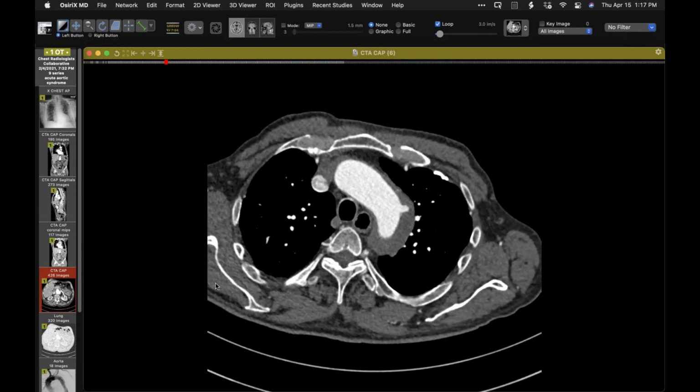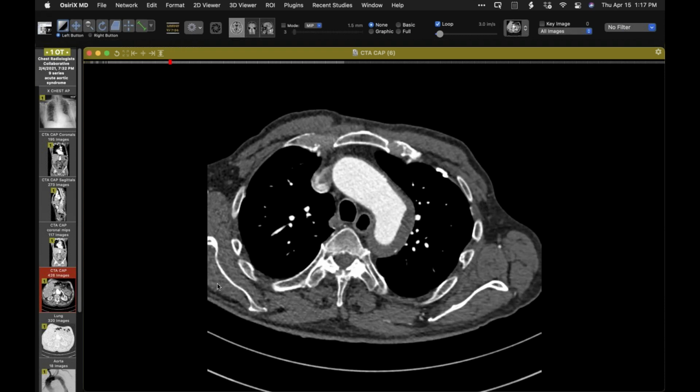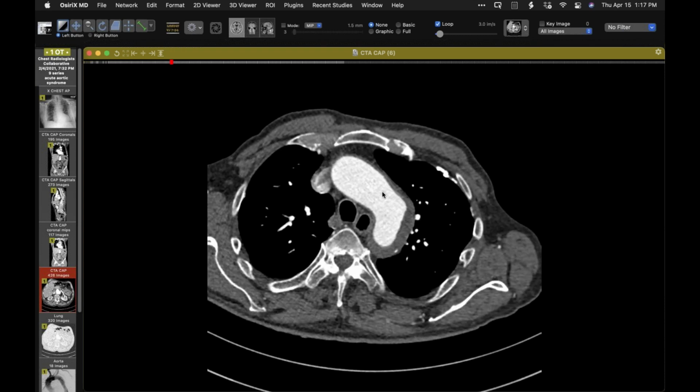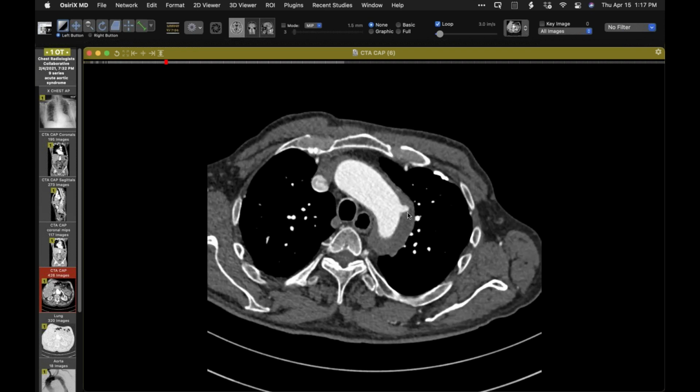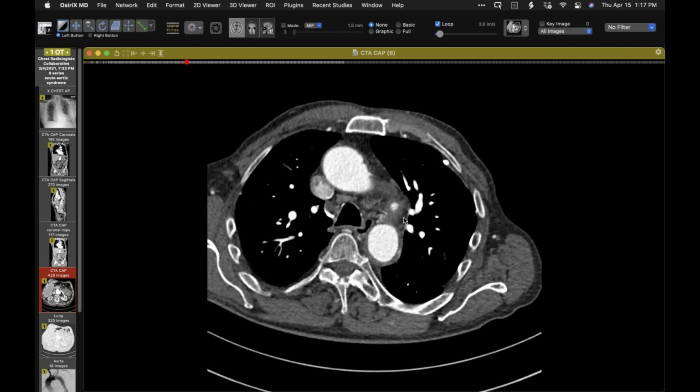First off, when I compare the attenuation of, say, the non-opacified blood in the vein there, and I look at this over here, they're pretty similar. And this, by appearance and measurement here, is not that of an acute hyperattenuating intramural hematoma.